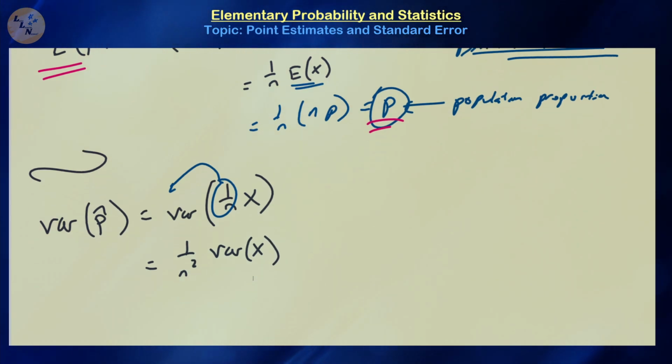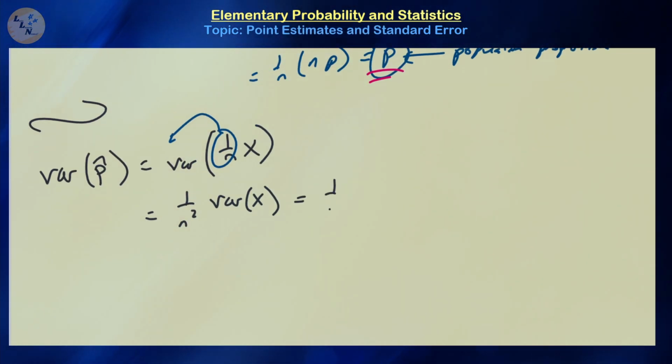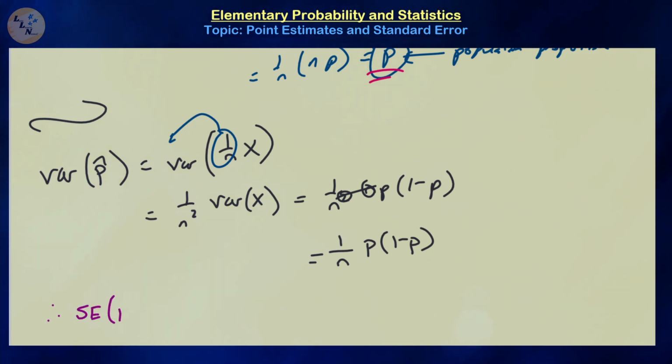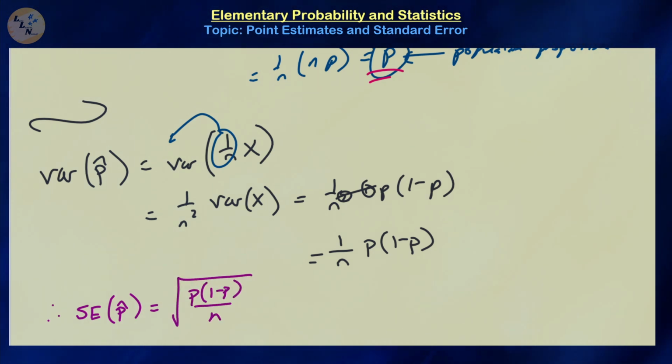Keep in mind, x is a binomial random variable, so that's going to be equal to np times 1 minus p. One of these n's will cancel out with each other. So that's going to be leaving us with 1 over n times p times 1 minus p. So that means the standard error associated to using p hat as an estimate for p, the population proportion, is going to be equal to the square root of p times 1 minus p all over n.